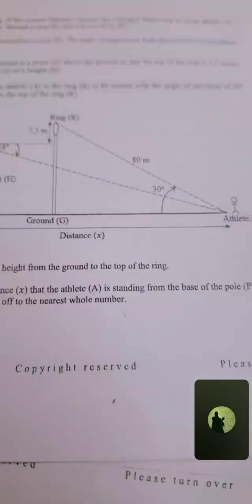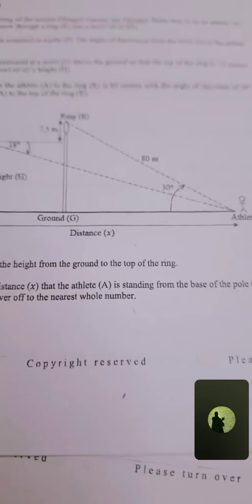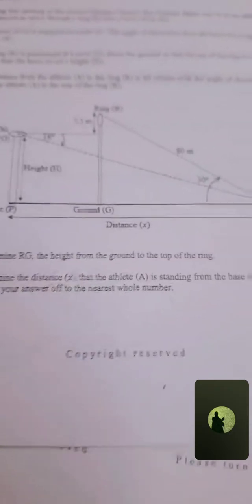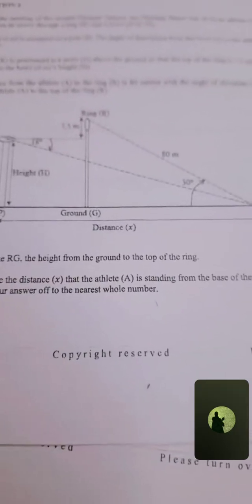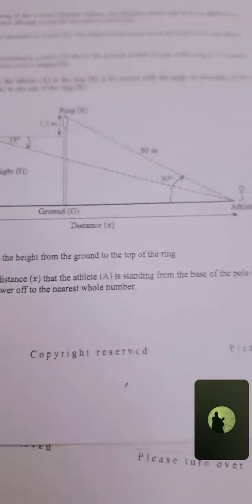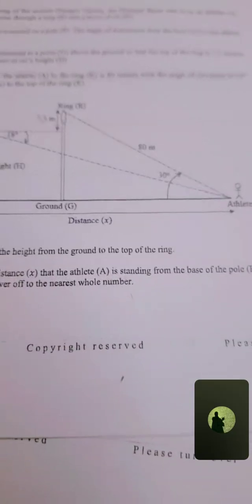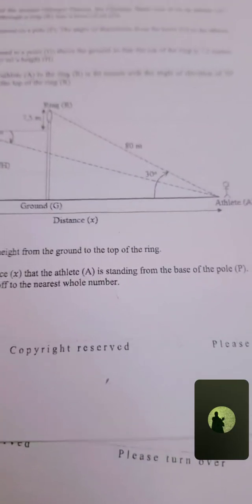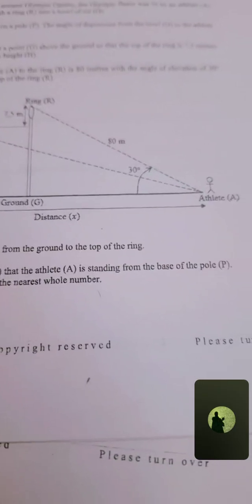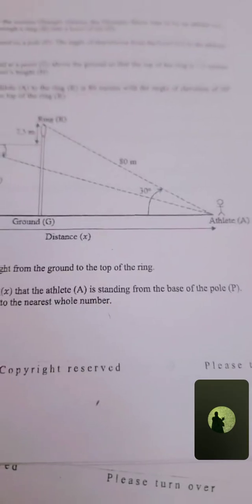So what do we want to solve for in triangle RGA? We want the height of RG. Then in the triangle, what do we have? We have the hypotenuse and the angle. The hypotenuse is 80 meters. So that's RA. What else do we have?